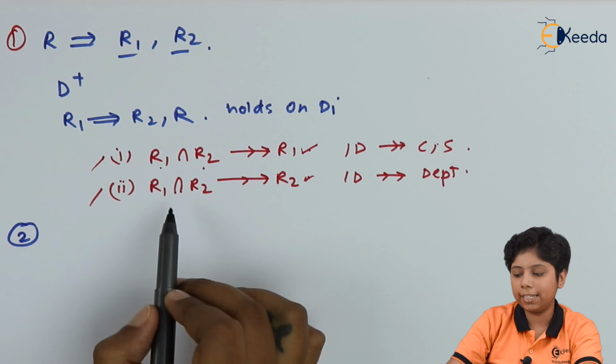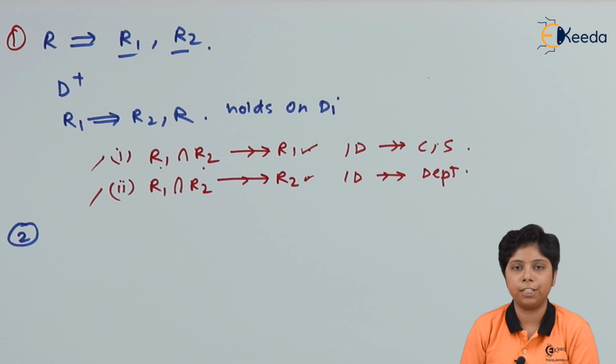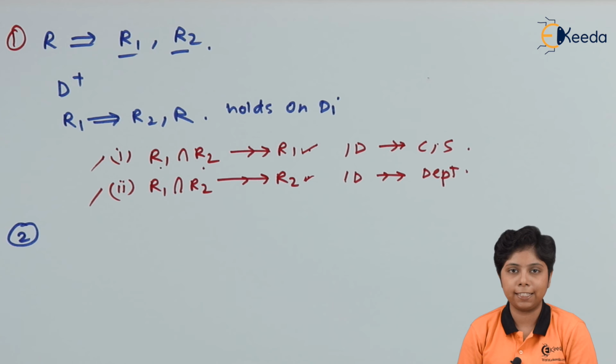Now if this exists, then we can say that the decomposition algorithm for 4NF gives a lossless decomposition. How to prove that? Let us take this example.